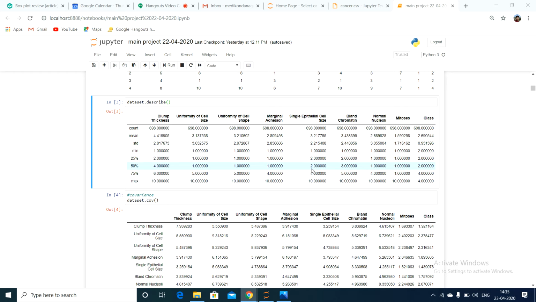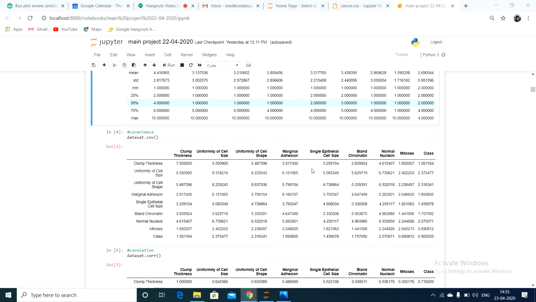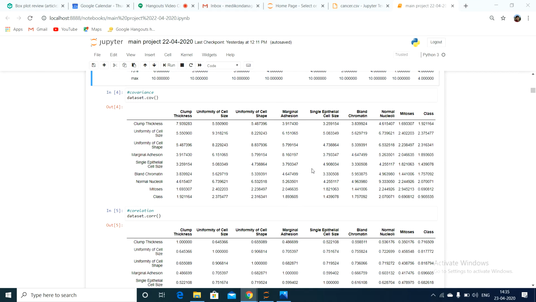There is one more kind of descriptive statistics, which is finding the relationship between two columns. As you can see, the relationship between two columns can be found using two techniques. The first is covariance, the second is correlation. Here, for clump thickness, this is a function available in Python to find the covariance.